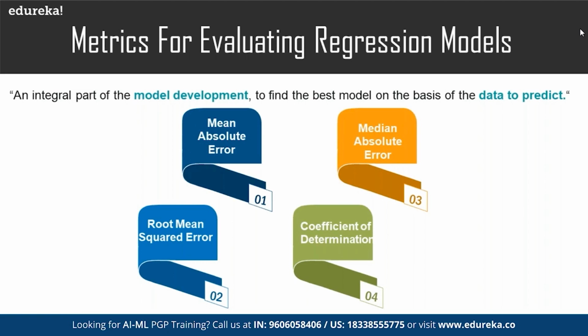We have the target variable, the expected, and the actual variable, what we have got as results, and we take the difference there, and then we square the difference, and then we take the mean of it, the average of the difference between the target result and the actual result, averaged over the total number of data points. Such an average we call a mean, and as we take the square root of that, using the mathematical equation, we get the root mean squared error value.